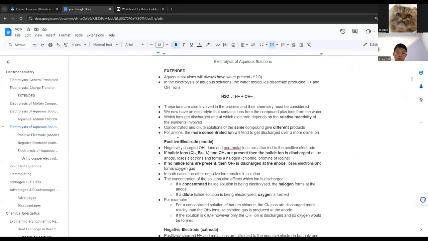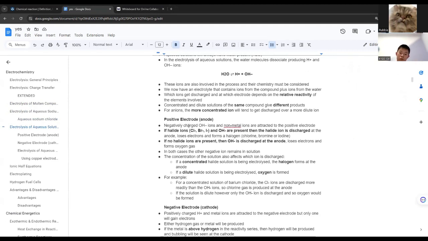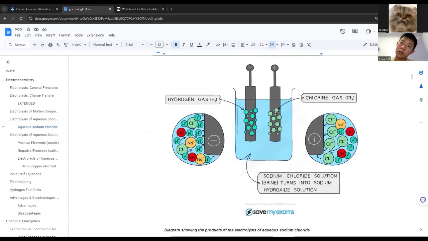At the positive electrode, negatively charged hydroxide ions and non-metals are attracted to the positive electrode. But if halide ions are present, like Cl, Br, I, chlorine, bromine, or iodine, the halide ions will always be discharged at the anode.